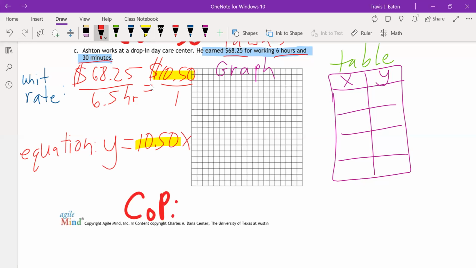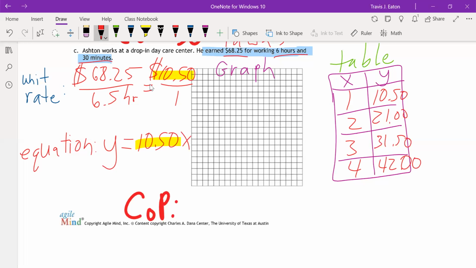Let's make our table. If he works 1 hour, he makes $10.50. 2 hours, he makes $21. 3 hours, what would that be? $31.50. And 4 hours would be 42.